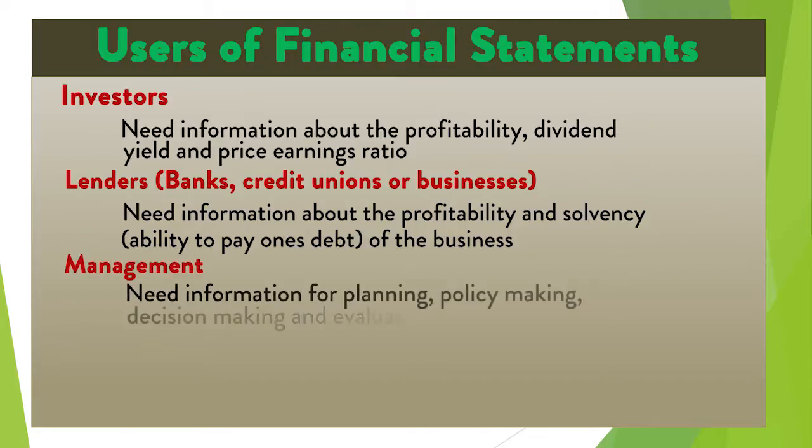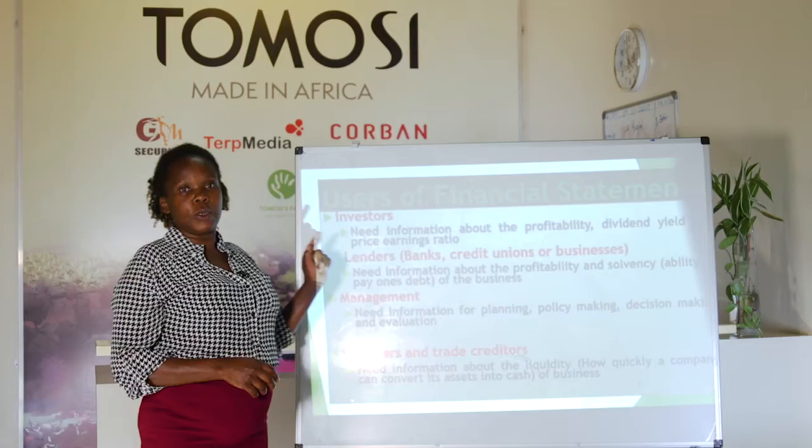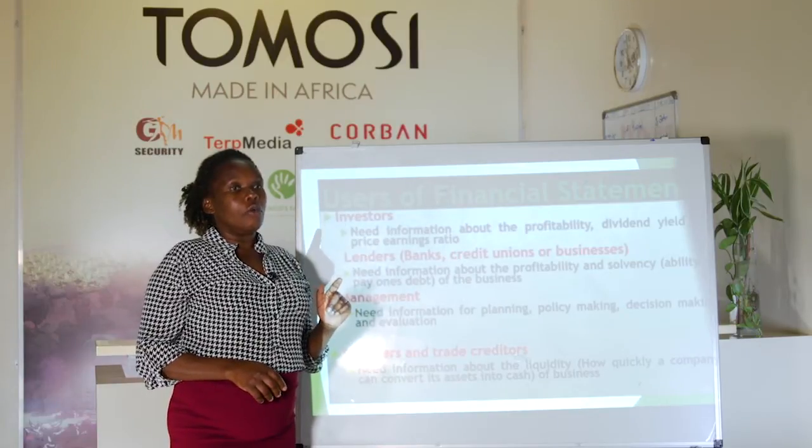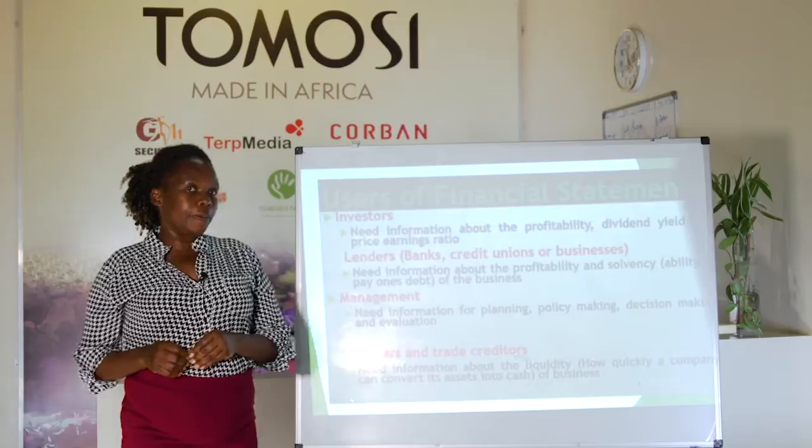Management. These two groups above, these two groups of interested parties, are outsiders. But even internally, we need financial information so that we don't run blindly without any sense of direction.